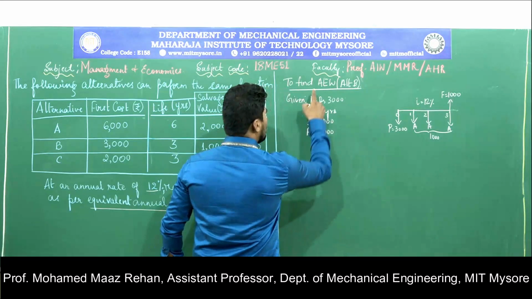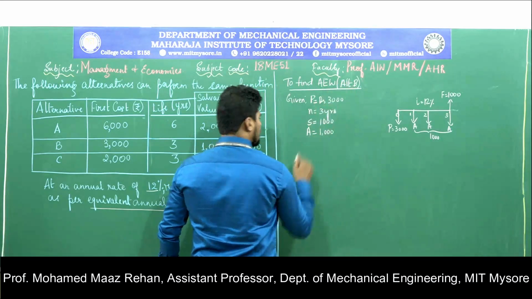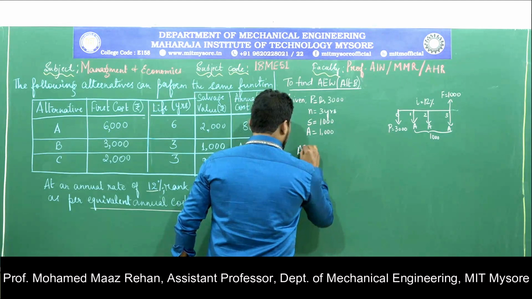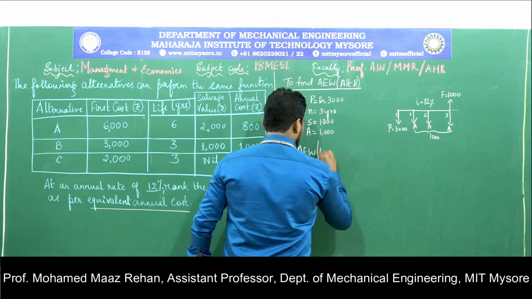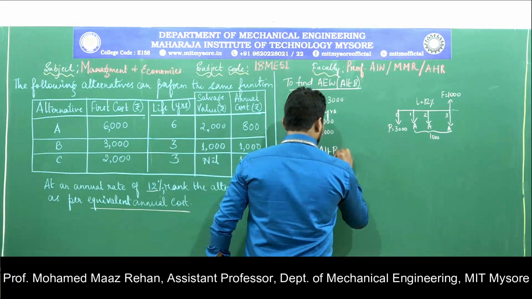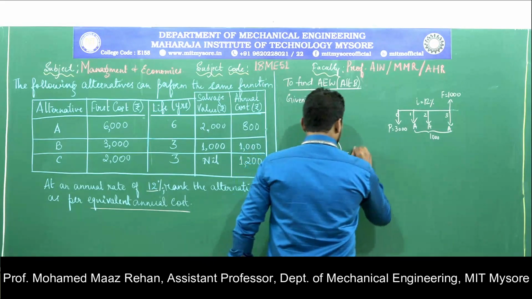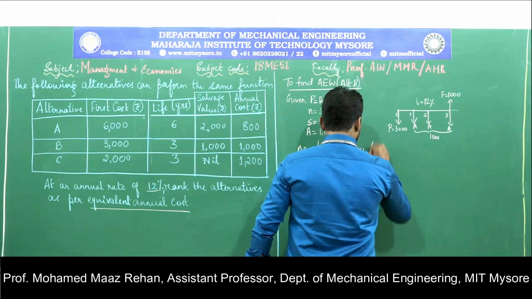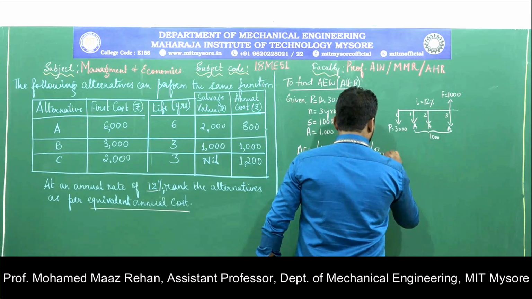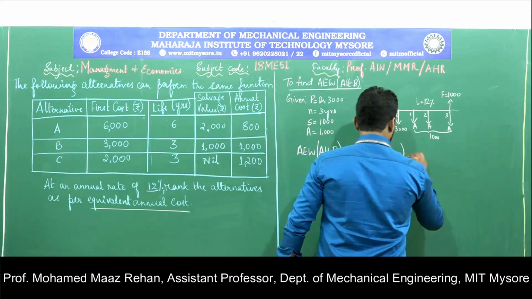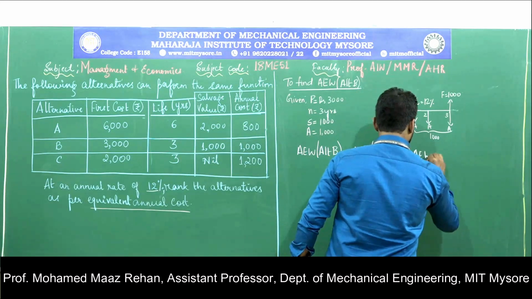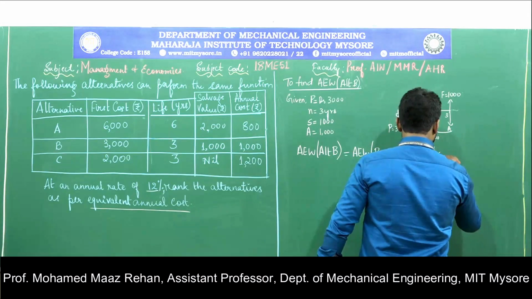So to find annual equivalent worth of alternative B, it is nothing but annual equivalent worth of revenue minus annual equivalent worth of all cost.